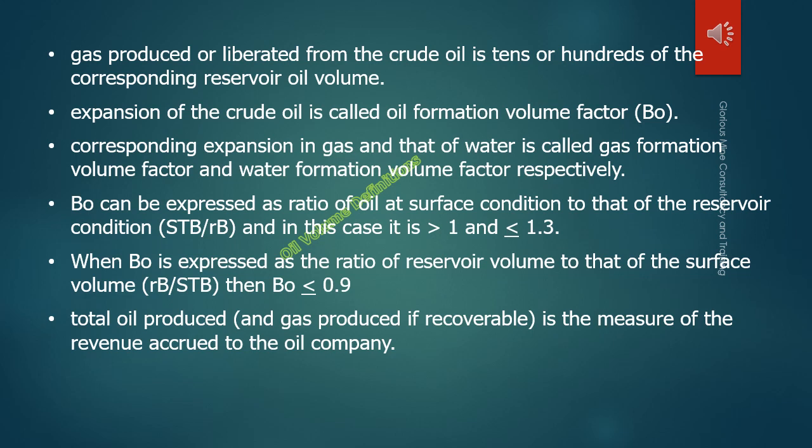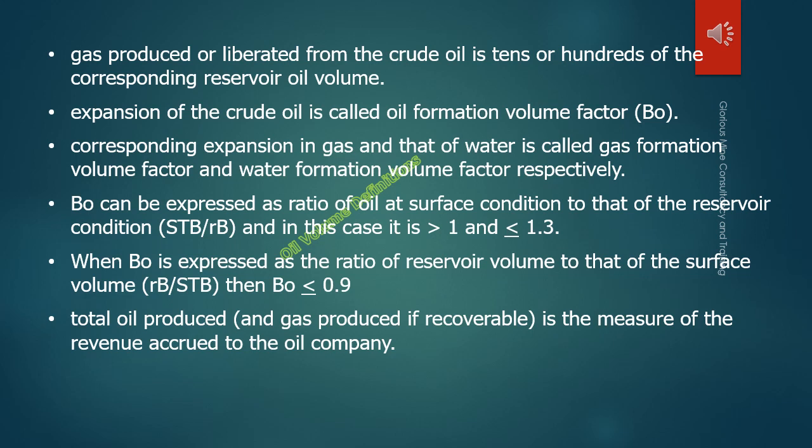Oil formation volume factor, (Bo), can be expressed as the ratio of oil at surface condition to that at reservoir condition, stock tank barrels per reservoir barrels, and in this case it is greater than 1 but less than or equal to 1.3. When it is expressed as the ratio of reservoir volume to surface volume, reservoir barrels per stock tank barrels, then Bo is less than or equal to 0.9.